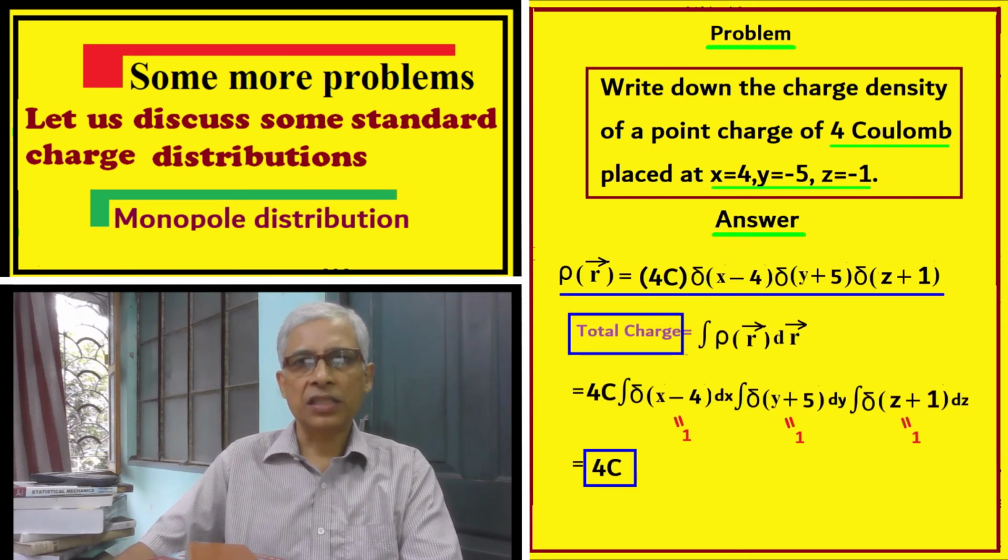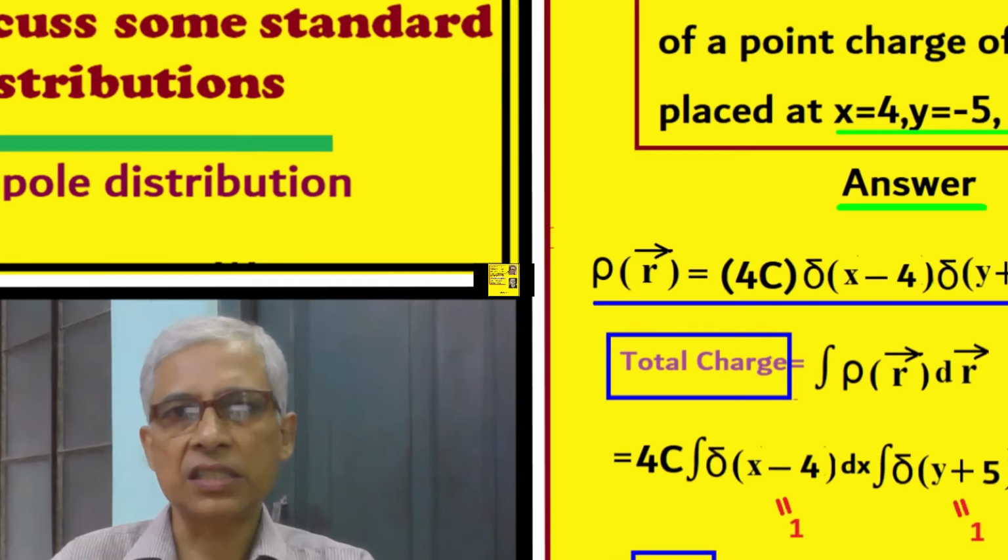The volume charge density would be rho, which is 4 coulomb multiplied by 3 Dirac deltas, namely Dirac delta of x minus 4 into Dirac delta of y plus 5 into Dirac delta of z plus 1. And the total charge indeed turns out to be 4 Coulomb, signaling the fact that we wrote the charge density correctly.